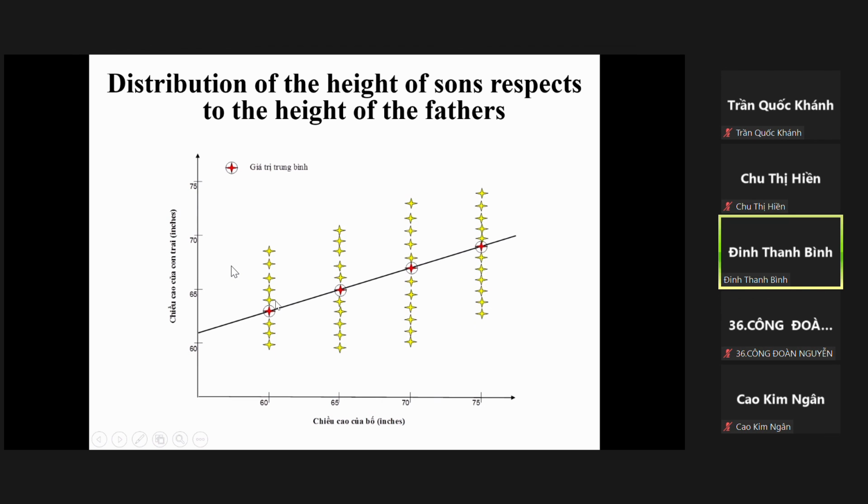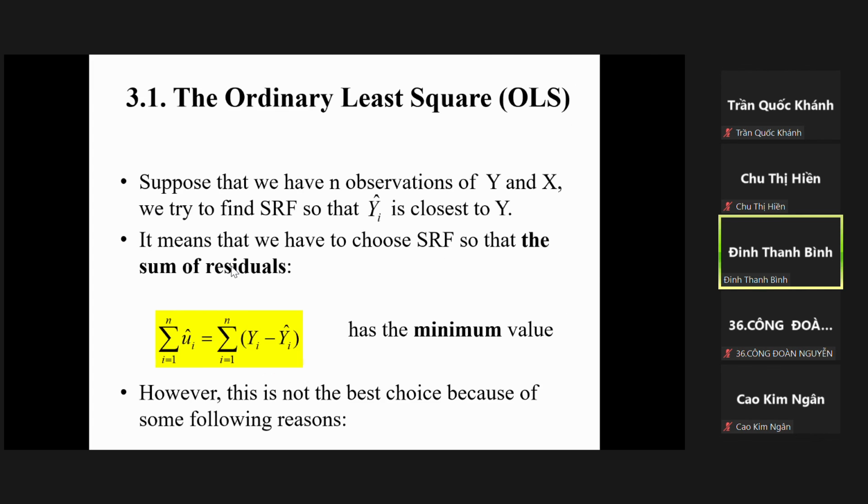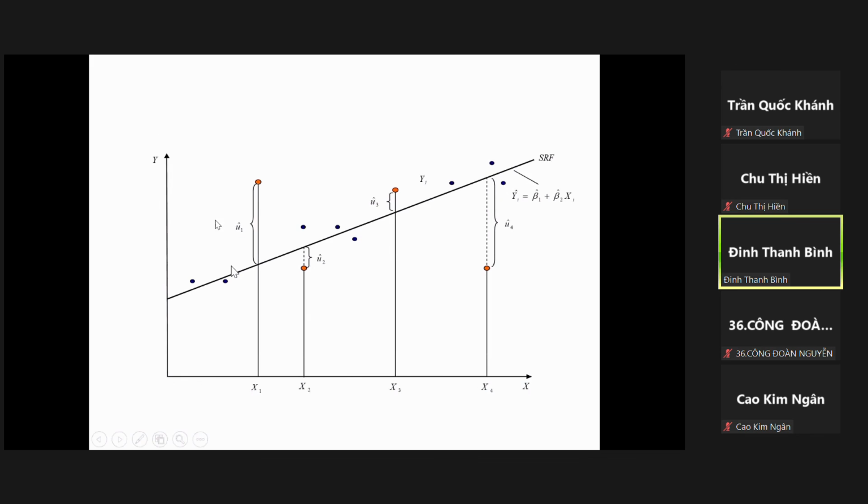If the gap u1 hat here is positive, because the real value is above the regression line, and u4 hat here has a negative value because the real value is below the regression line, but the gap is the same. So when we calculate the sum of u1 hat and u4 hat, the sum could equal 0, right? But anyway, the gap is still very big.